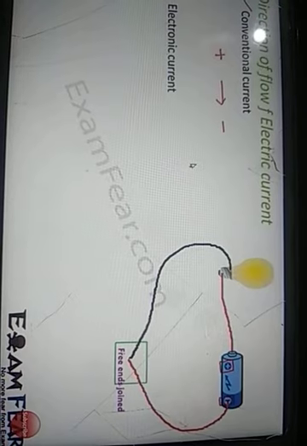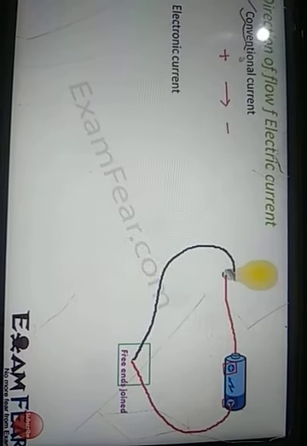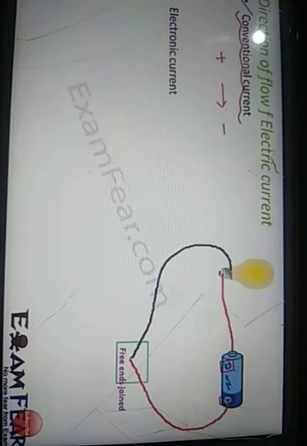Since the electric current is because of protons, as we say in the conventional current, that means positively charged particles will come out from the positive end. That means the direction of conventional current is from positive towards the negative terminal.